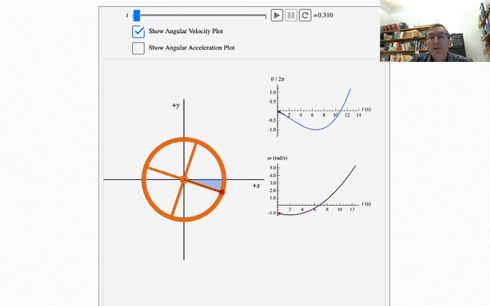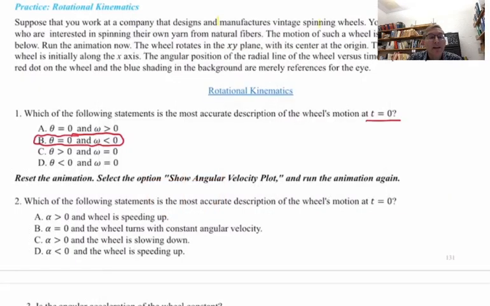So what's the slope of that tangent on the omega graph at time 0? That tangent line has a negative slope. That means I know that the angular acceleration at time 0 is a negative quantity. Well, that must then determine what my answer for question 2 is, right? Because the only one that shows the negative angular acceleration is D.